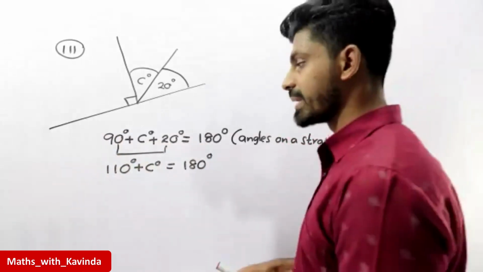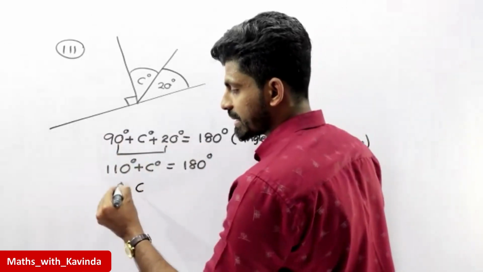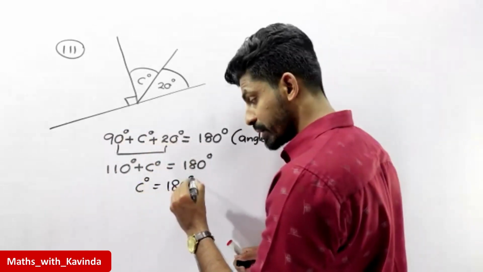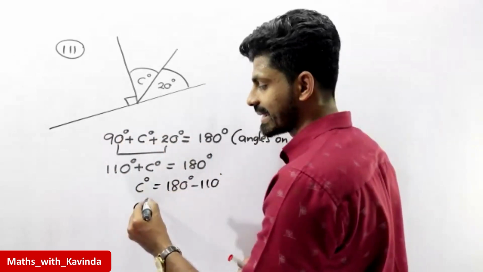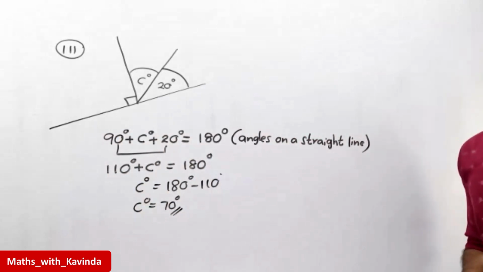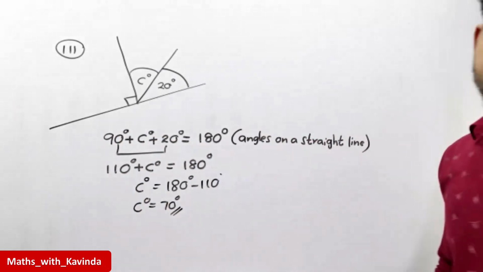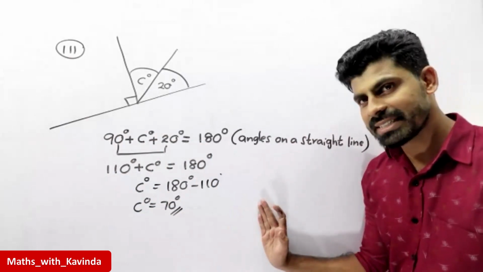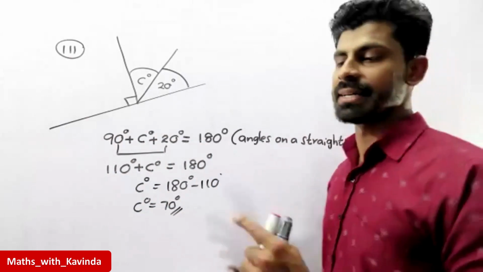So C moving to the other side, 110 moving to the other side, minus 110, then C equals 70. So that means C equals 70. Easy, right?